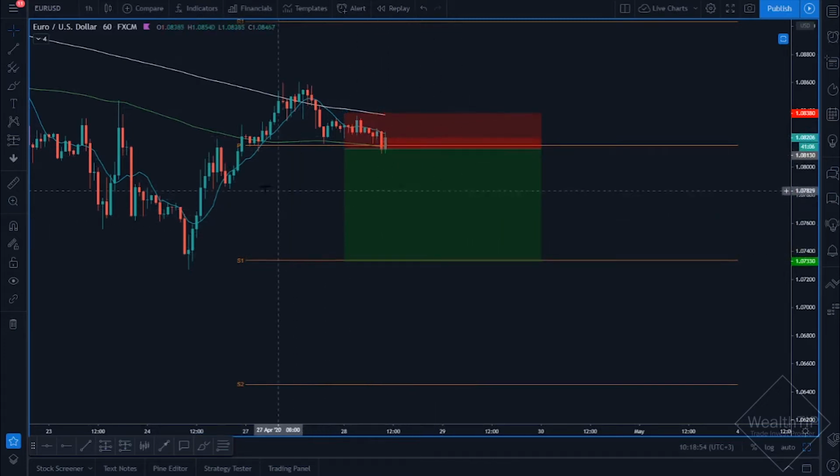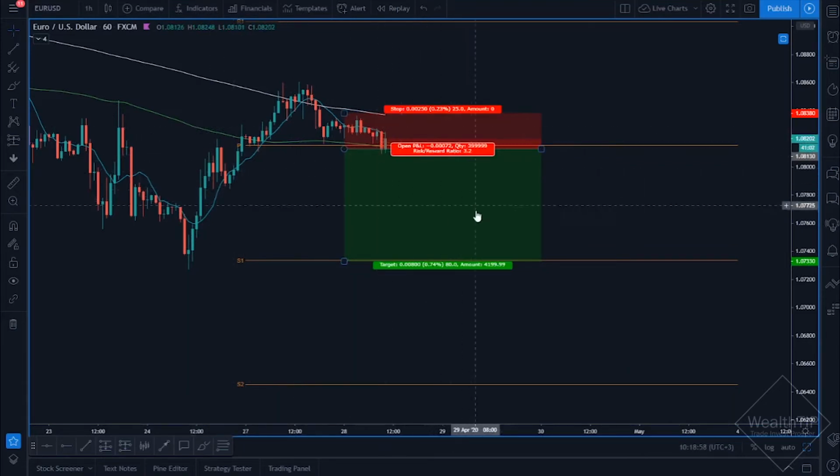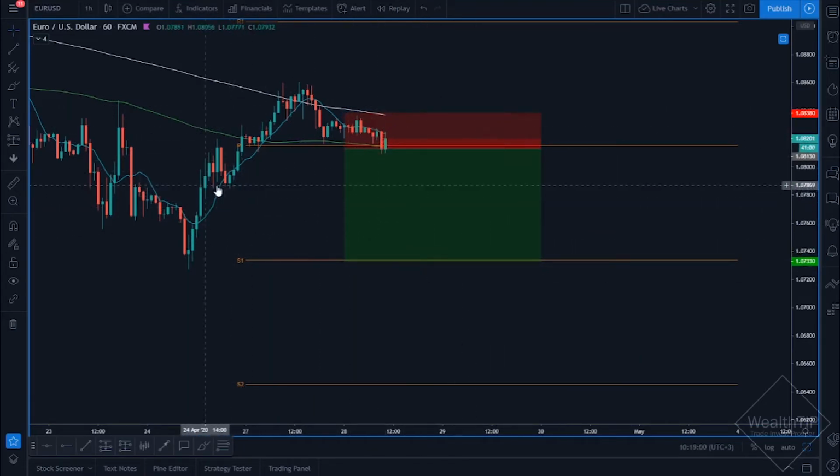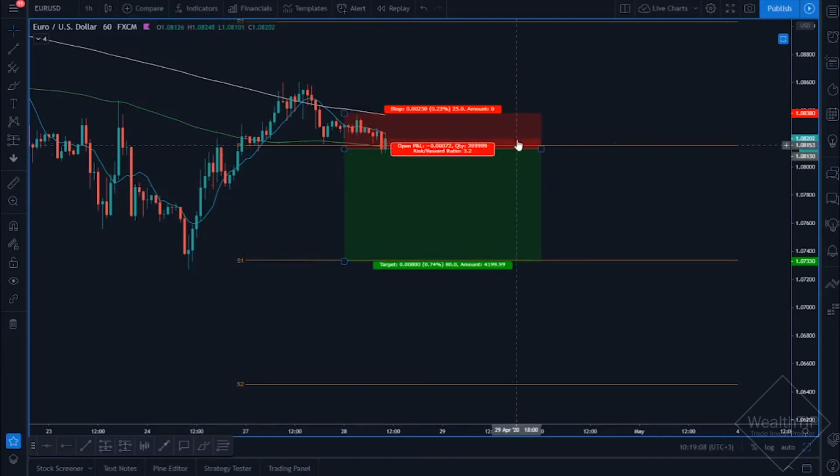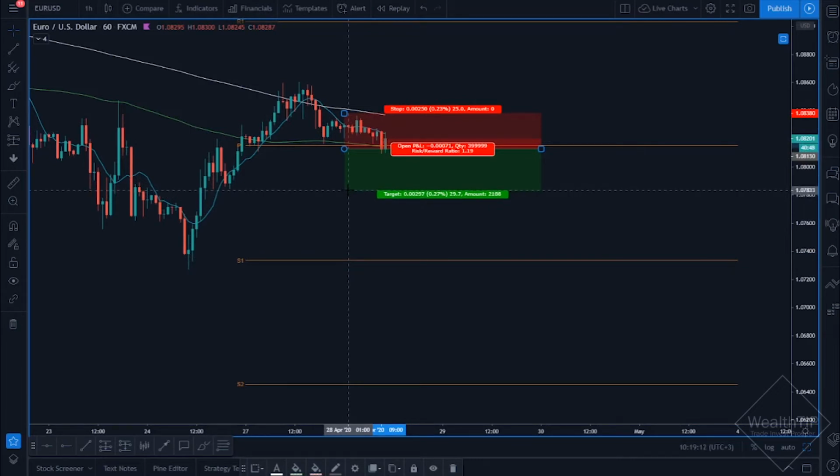One of the things I was determining was, if the market does decide to roll over, would it be wise to take my first target over here? I think it would definitely be a good option to take profit over here, just over 1%. That's about 29 pips, and I'm risking 25 pips on this trade.